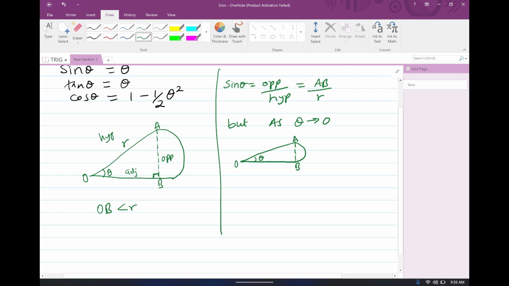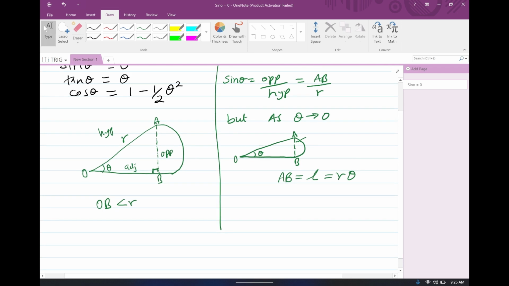So it means that as it goes towards zero, this opposite of ours is going to tend towards the circumference. So our AB, which is the opposite, is going to be the arc length, which is normally given by r theta when theta is in radians.